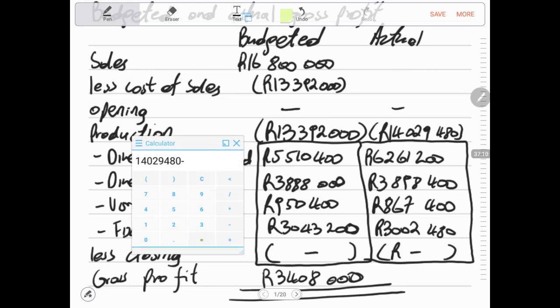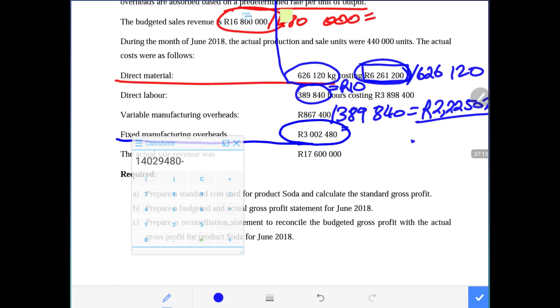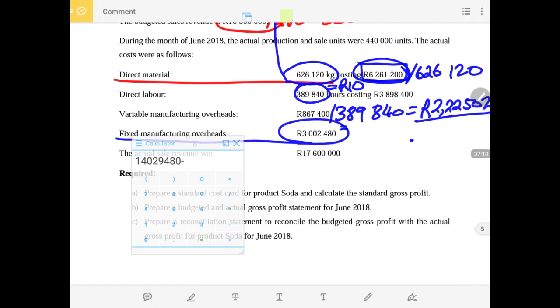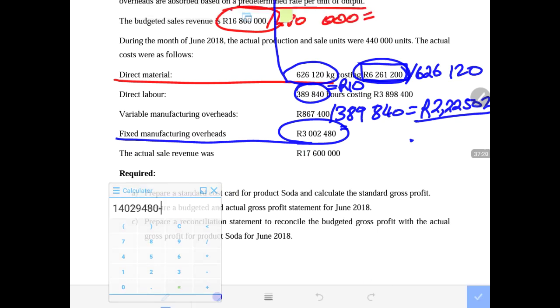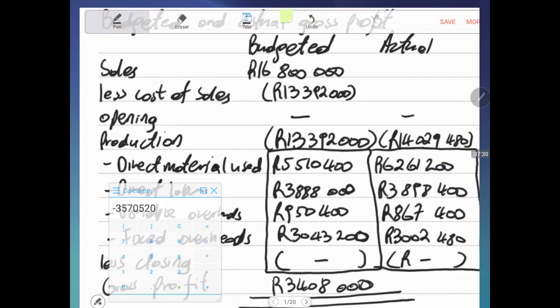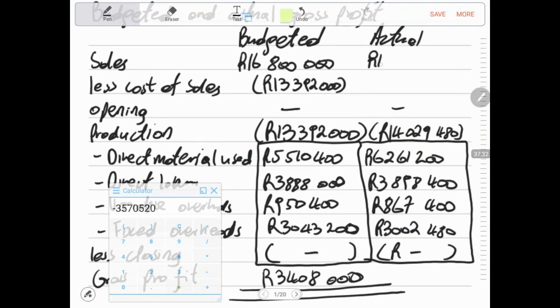Then we minus the sales, which we don't know yet how much is the amount of sales. Let me go and check the amount of the actual sales. The actual sales are given to us as 17,600,000 rands. Then let me go and record my actual sales, 17,600,000 rands, and my cost of sales being 14,029,480.